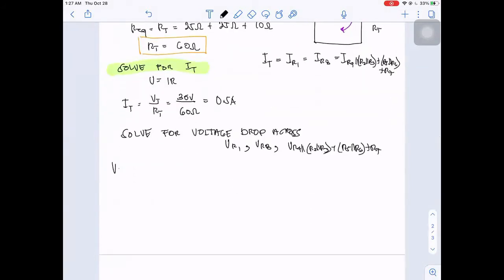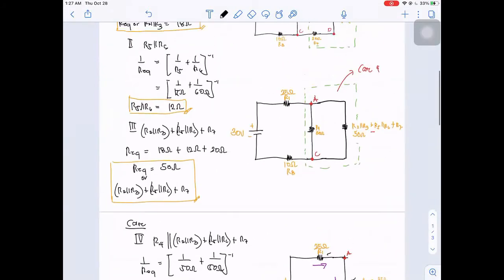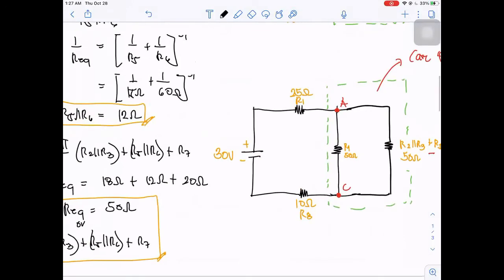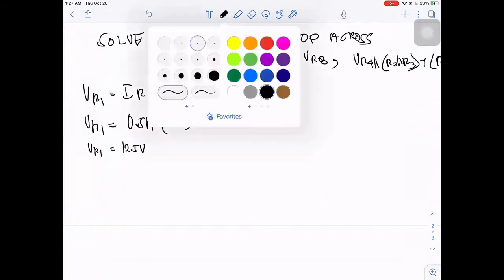For VR1, it is IR1, and VR1 is equal to 0.5 ampere multiplied by the resistance of R1 based on our given circuit, that is 25 ohms. So VR1 is equivalent to 12.5 volts.